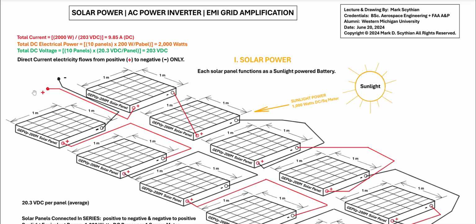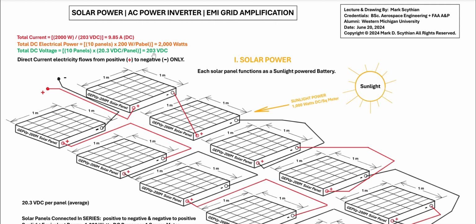So out of the completion endpoint of the circuit, the positive and negative, when hooked up to the AC power inverter, will receive 2000 watts of, I'll call it battery power because it's direct current, and then divided into the 203 volts of, again, 203 volts of battery power.